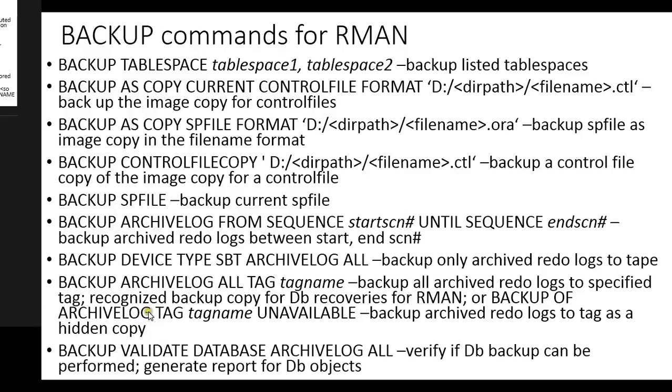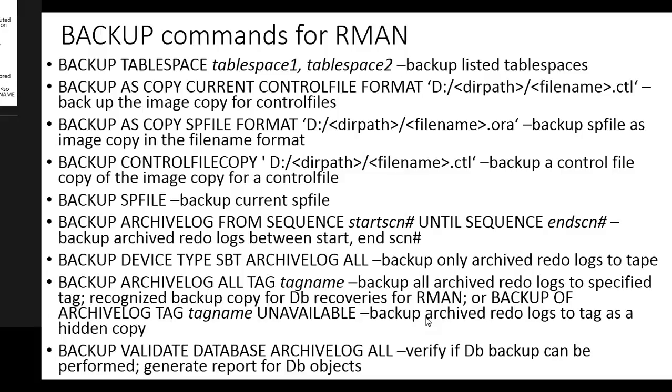Then you also have backup archivelog tag unavailable. You're backing up the archive logs and assigning a tag, but this is more of a hidden copy of your archive log backup.